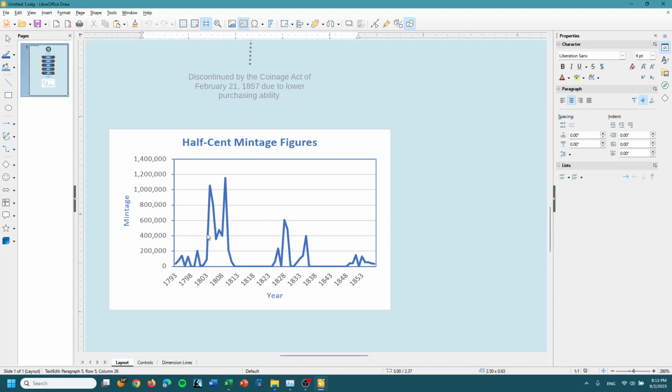That's when the bulk of these was produced, and then progressively less and less of them are minted, perhaps reflecting the decreased demand. And I've seen some sources online that claim that there was a general sense that this coin was unpopular. So that was one of the reasons why it was scrapped.